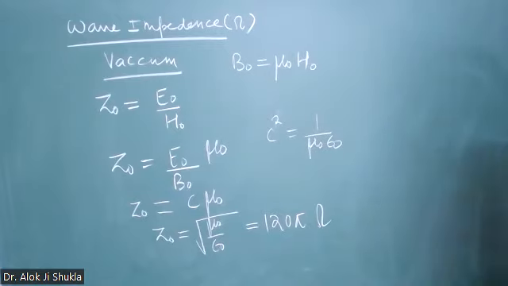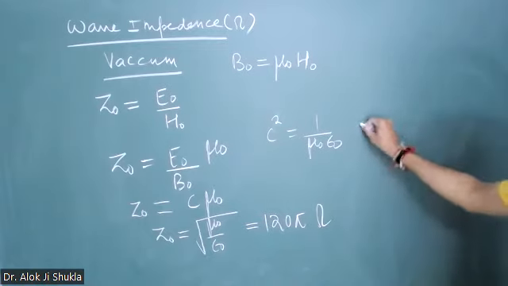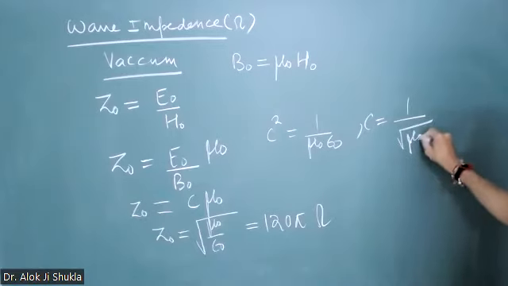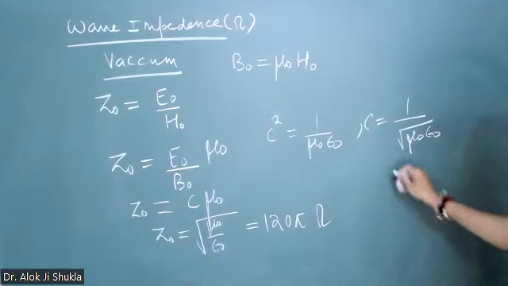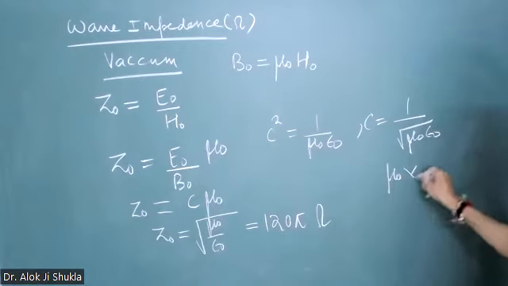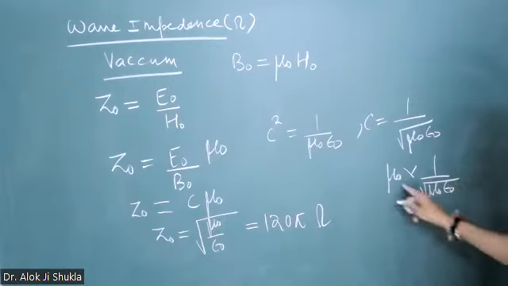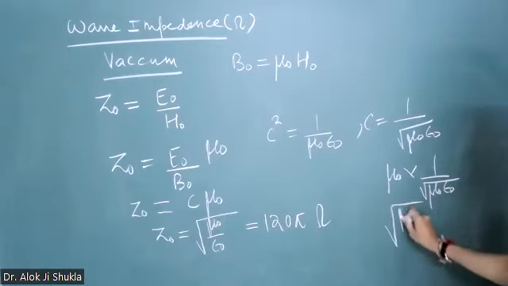So when you put C mu naught, so you will get this. Okay. C की वैल्यू क्या हो जाएगी? 1 by under root mu naught epsilon naught. So when you put it there, it will become mu naught into 1 upon under root mu naught epsilon naught. So this will become under root of mu naught by epsilon naught. Okay.